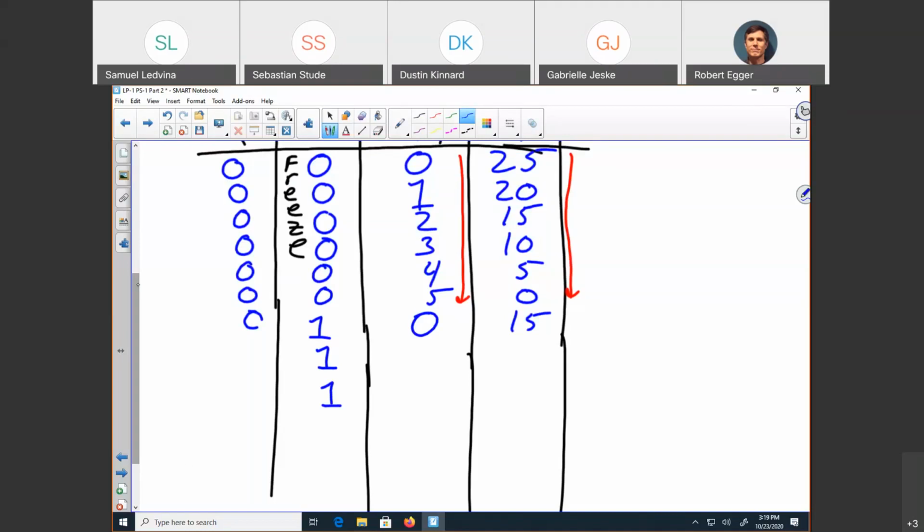And do it again. Let's knock this down by a nickel. That should be a 1, by the way. 1 dime plus 2 nickels and 5 pennies, yeah. Still frozen, 0, 3.